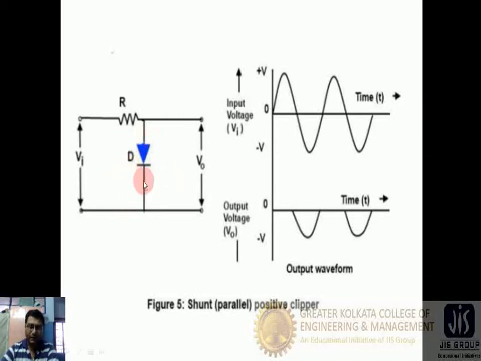So the whole potential of the input signal is dropped across this diode, and we get a full deflection of the negative peak across the diode, and we get the negative peak of the input signal at the output. So in this way we get the positive clipper circuit with the help of this parallel or shunt circuit.